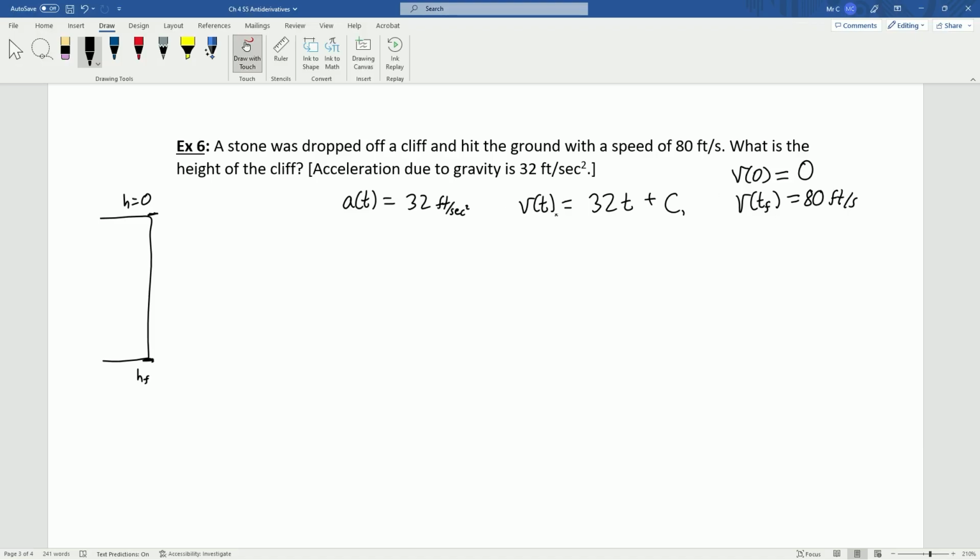So obviously it would be very hard to get my information about my velocity from this final time when it hits the ground. But can we figure out this constant from v of 0? Well, sure. V of 0 should be 0 plus c1, and that should be equal to 0. So c1 equals 0. So that's actually pretty nice. We get that the velocity is just 32t.